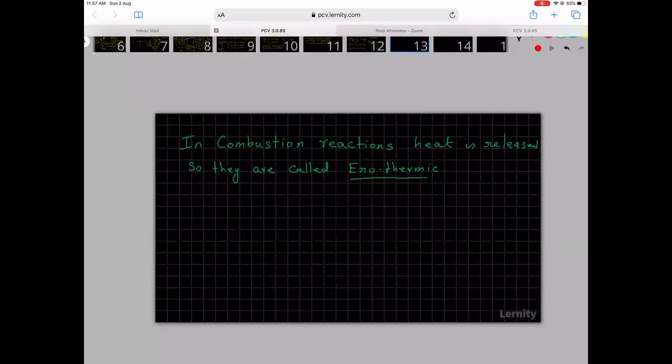A reaction in which heat is absorbed is called endothermic.